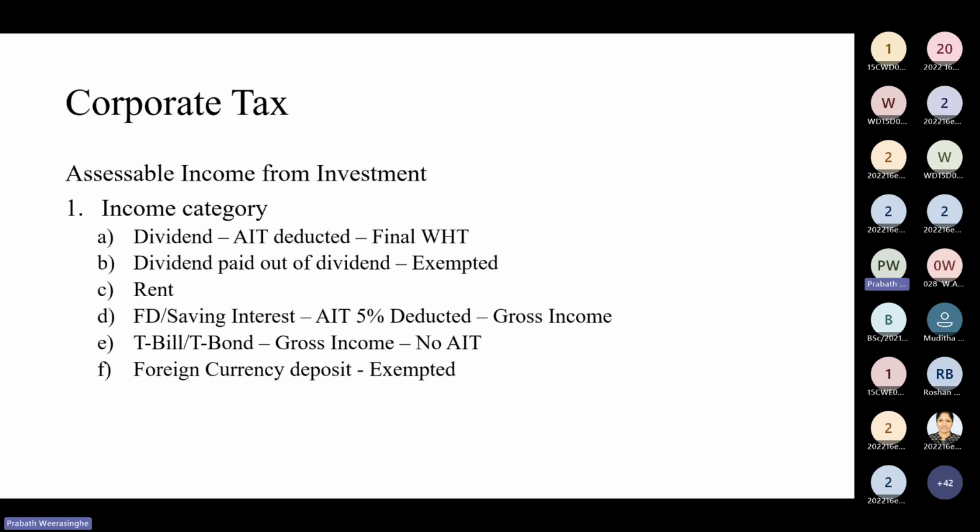So thereafter you have to check the assessable income from investment. You have to check the category of income. It could be dividend, rent, interest, royalty or whatever. Important point here: when we work out the assessable income from business, we are removing this, so separately we have to work out the assessable income from investment.